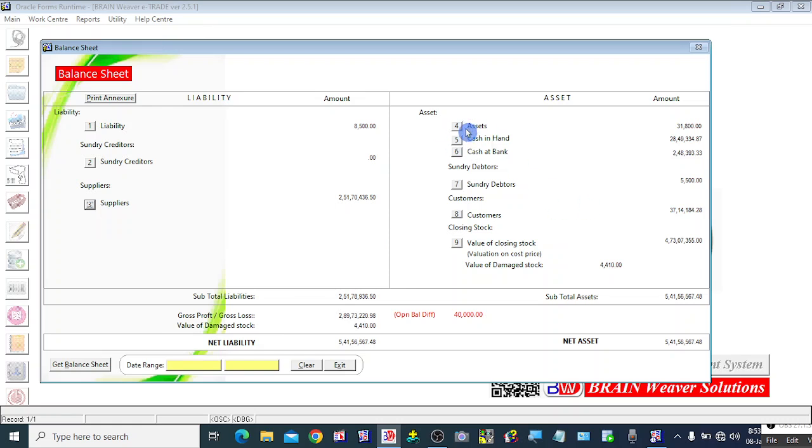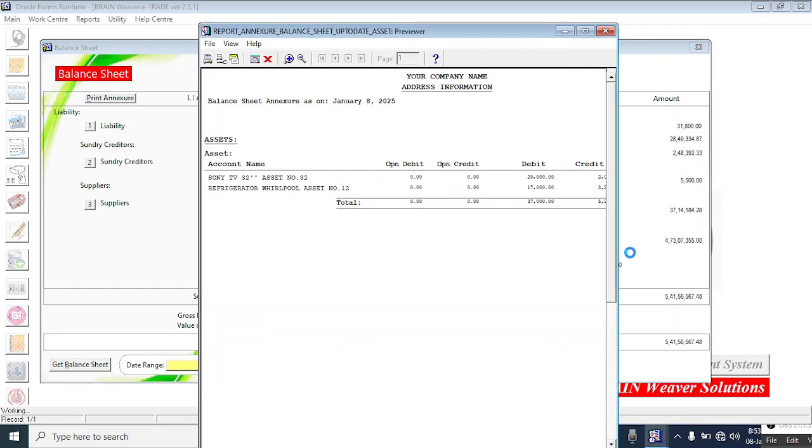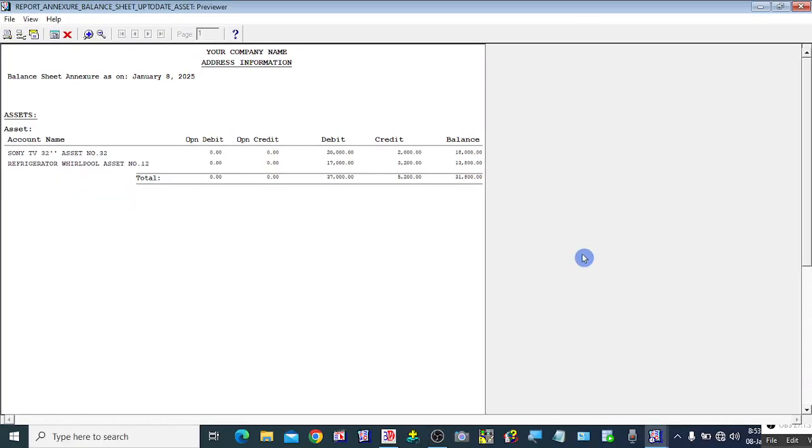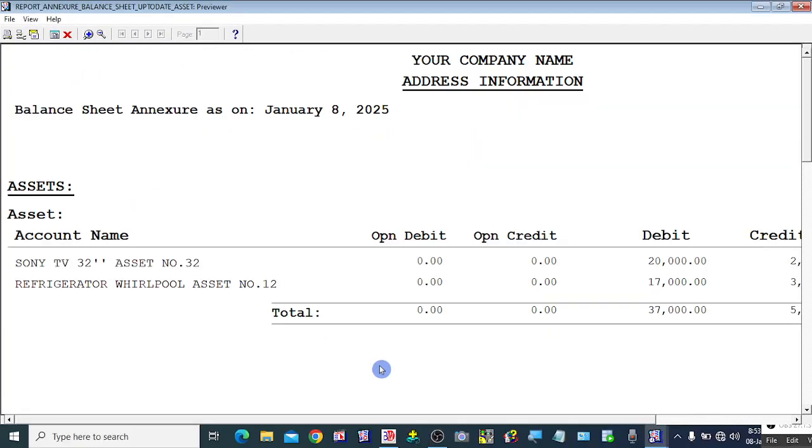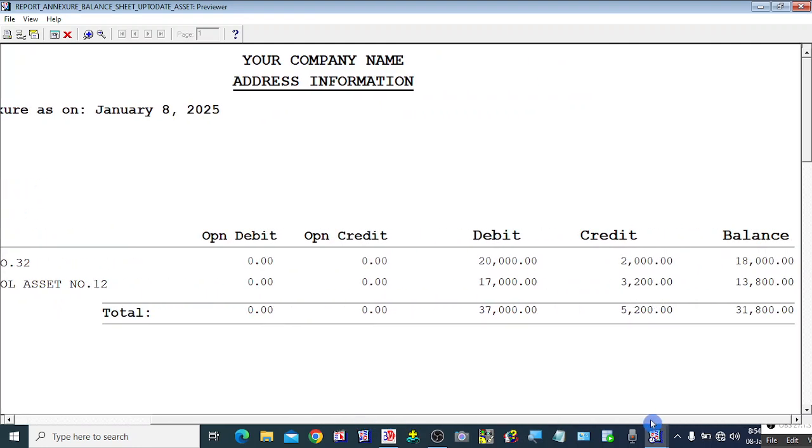And by clicking this asset button, here we can see the asset is showing 31,800. To get the annexure of this asset, by clicking this asset button, here we can see the annexure of assets. What are the individual assets, and what is the closing balance.